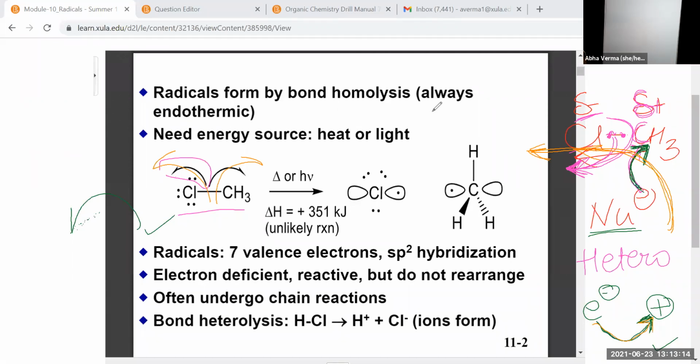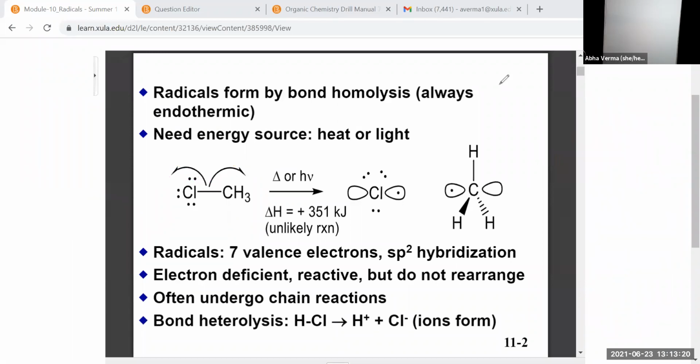There are certain different rules by which these radicals form. So looking at this bond now, in the presence of heat or light, the bond will split evenly. This chlorine will take its own electron and this methyl will have its own electron. So one electron extra here.